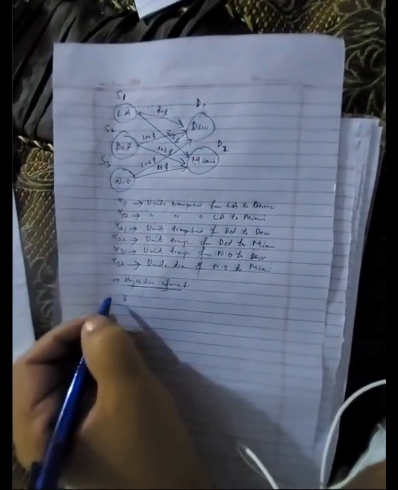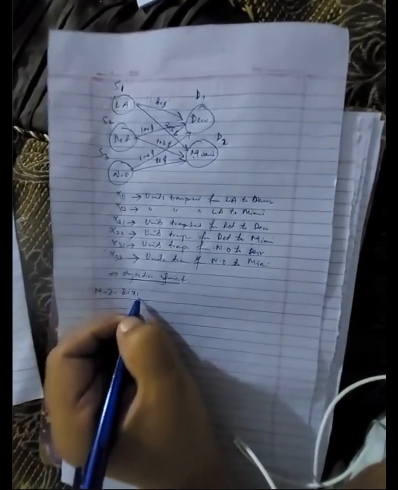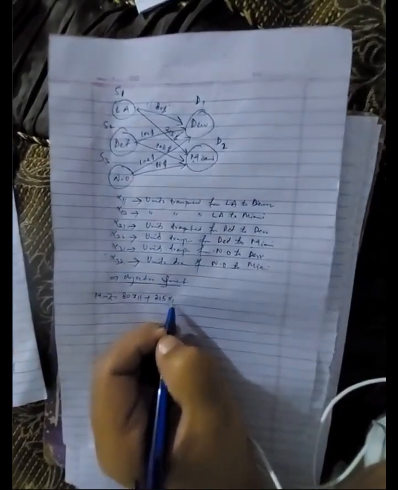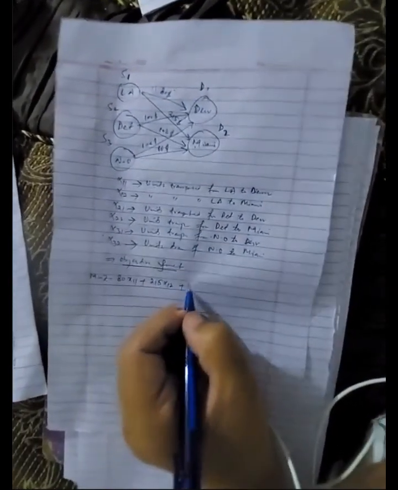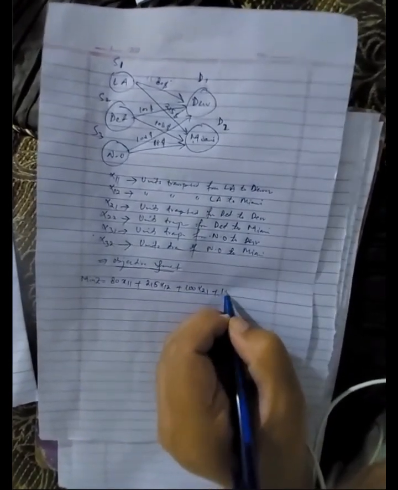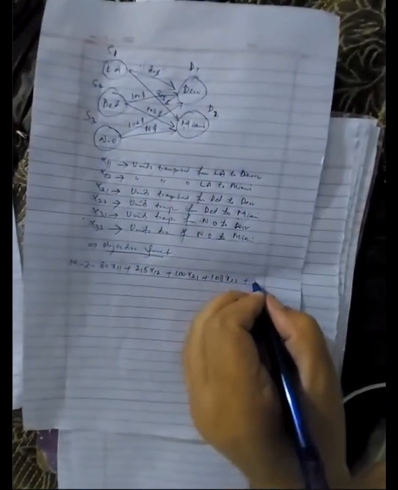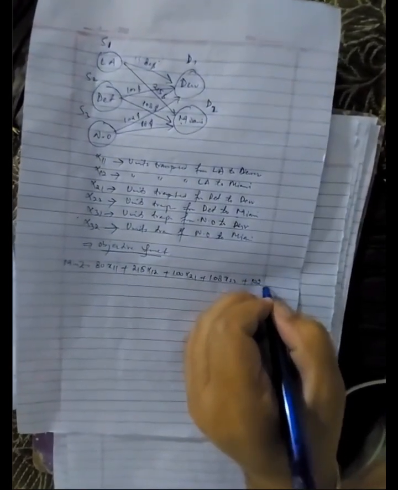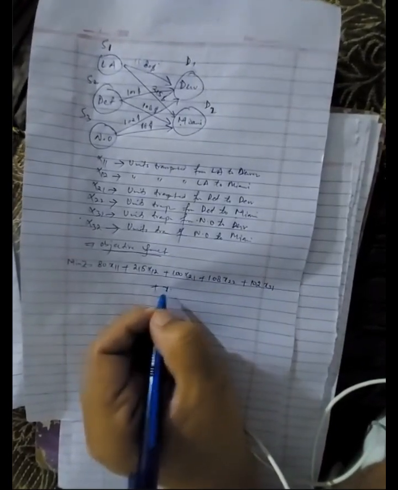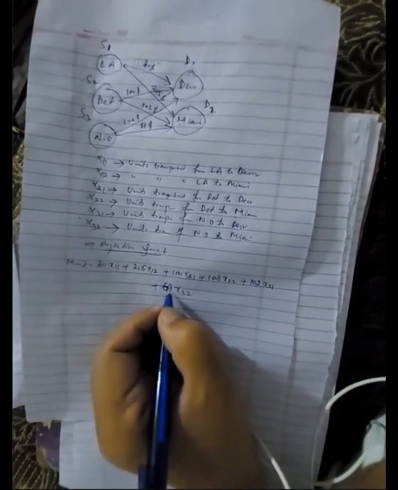So it is equal to minimize Z is equal to 80 into X11 plus 215 X12 plus 100 into X21 plus 108 into X22 plus 102 into X31 plus 68 into X32.